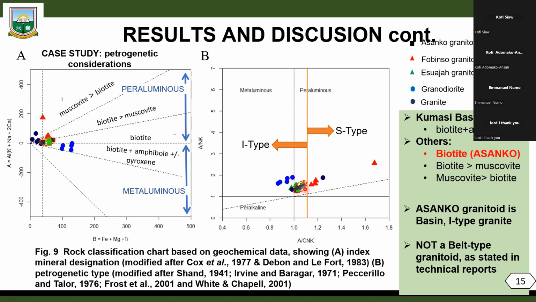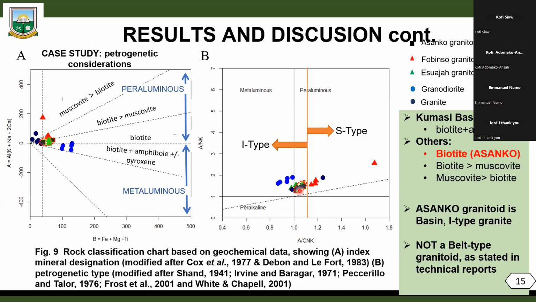That is what peraluminous actually means. And then the second point here is that the Asanko granitoids are S-type granitoids. In other words, they did not interact much with the sediments when they intruded the Kumasi Basin. So these are two important pieces of information that help us to characterize these granitoids.